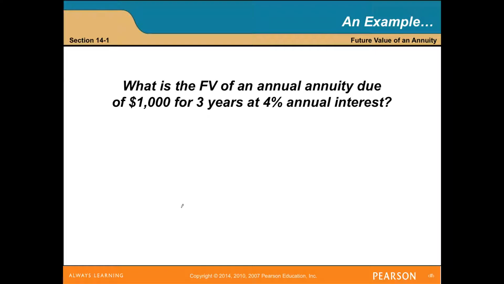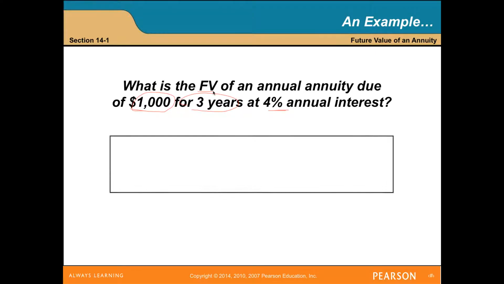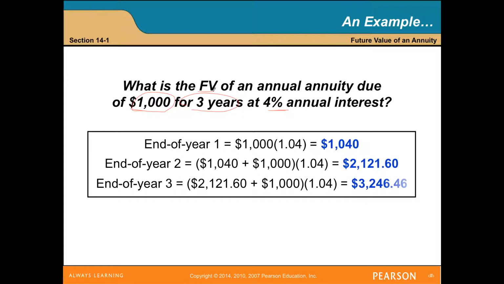So here's an example. What's the future value of an annual annuity due of $1,000 for 3 years at 4% annual interest rate? So we're looking for future value. End of year 1, you have 1,000, which is given from the problem, times 1.04 to increase by 4%. So now we've got $1,040. You bring that over: $1,040 plus 1,000, given, times the rate.